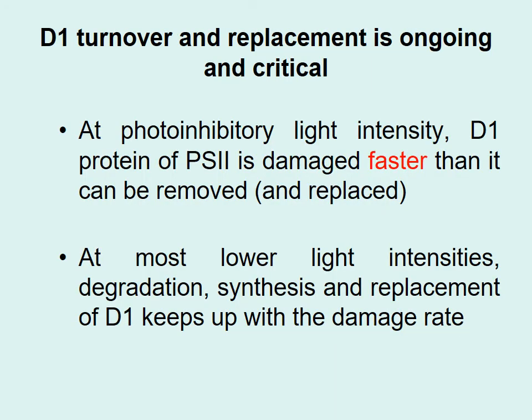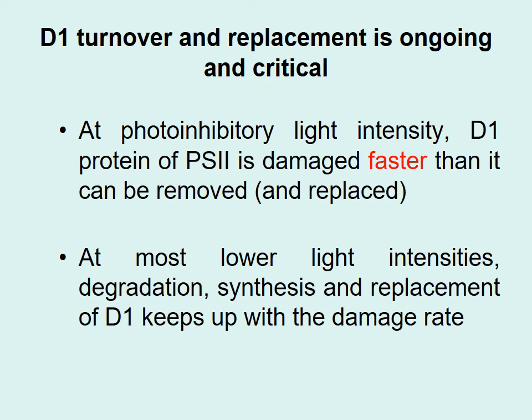So its replacement is continuous, but if the light is in the photoinhibitory range, then the D1 protein of PS2 is damaged faster than its synthesis. That means there is continuous damage to the photosystem, because the replacement rate is much lower than the damage rate.